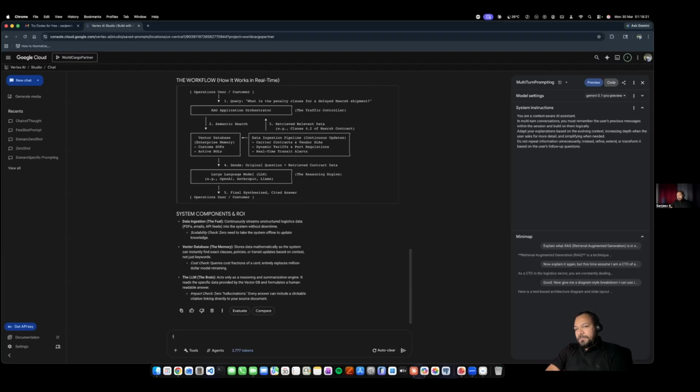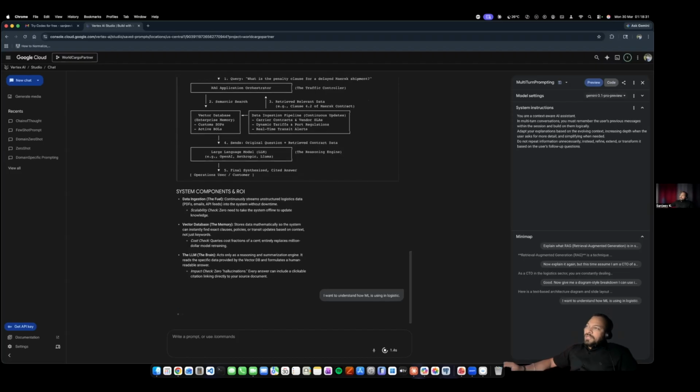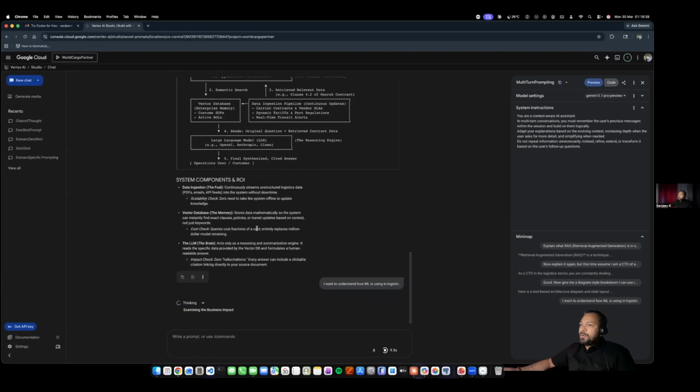I want to understand how ML is used in logistics. So it can relate that ML and the RAG pipeline are somewhat similar. They have data science as a common topic. Now let's see what it says.